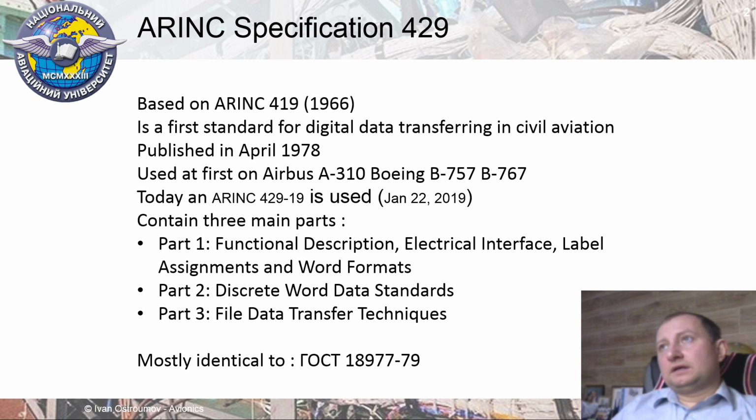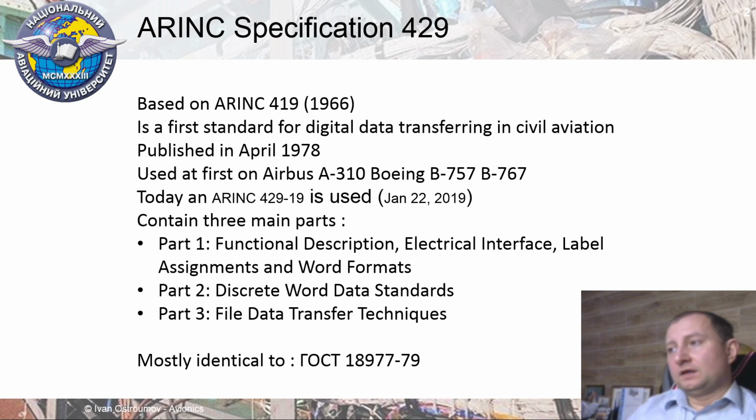There are different editions of this specification because during the development of electronics, requirements for the data bus have changed a little bit, which was not significant from the basic idea of ARINC 429.